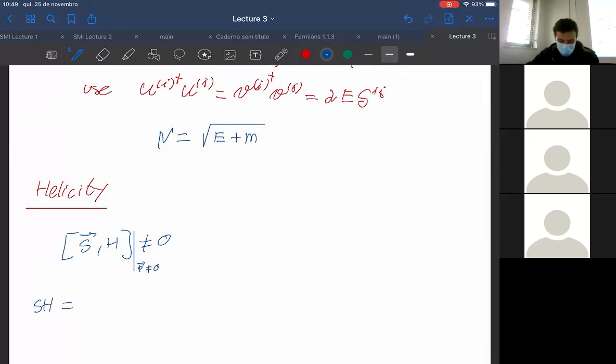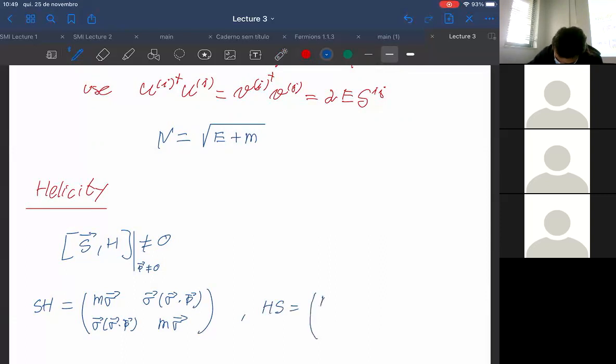In fact, what you see when you compute SH is the following block matrix: sigma times sigma dot P in each block, and HS is equal to sigma dot P times sigma, and sigma.